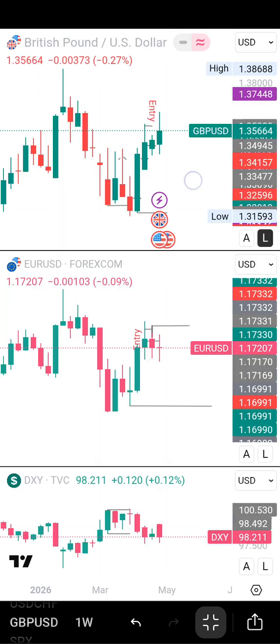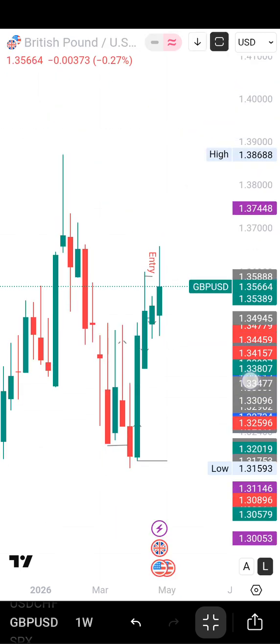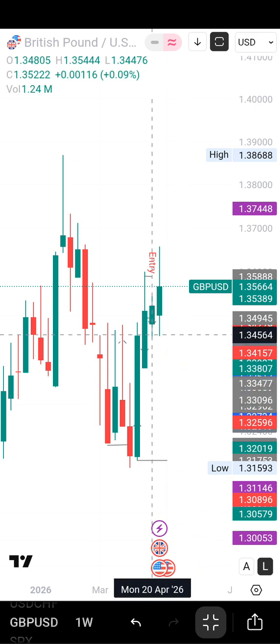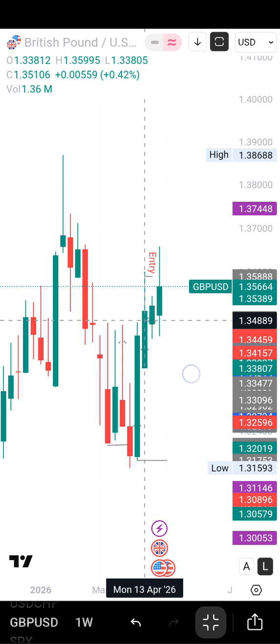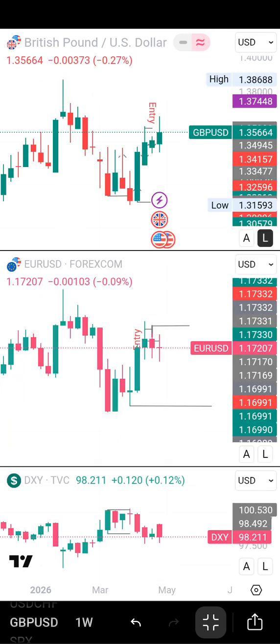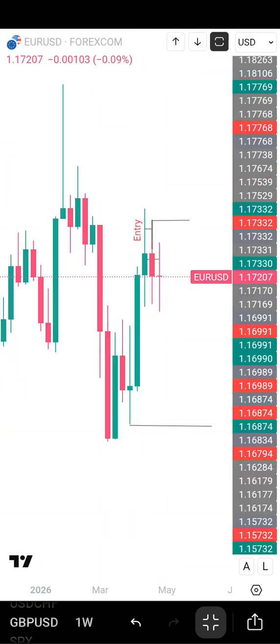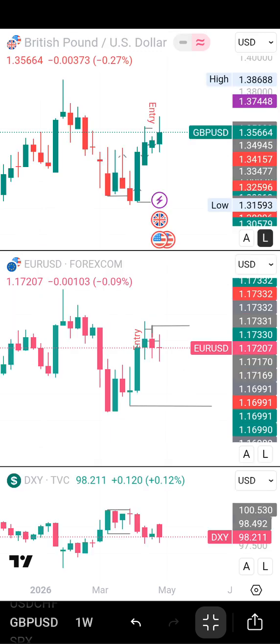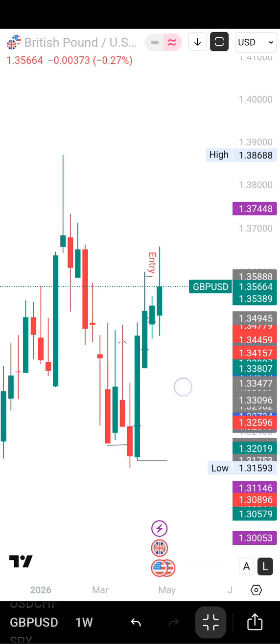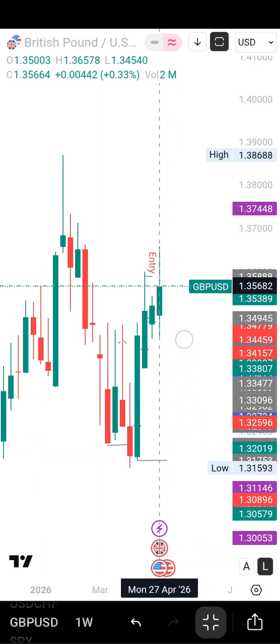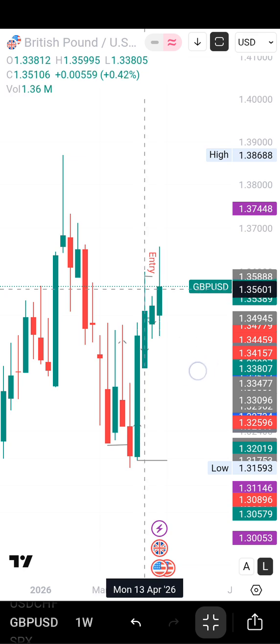Then on GBP USD too, here we can see it is more or less like an SMT, because this one took the last 2 weeks' high, but EU did not take the last week's high, but rather did the opposite by taking the last 2 weeks' low. All right, so there might be a lot of confusion with some traders regarding this. Price closed inside, so there's a bullish move here.